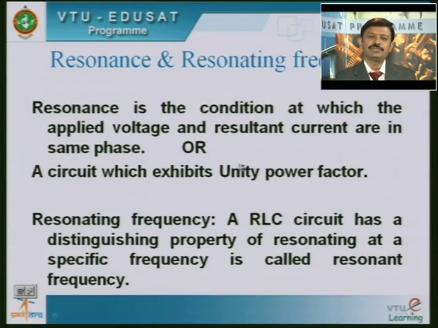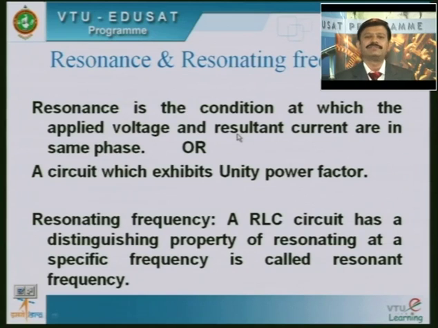In AC circuits, whenever the circuit behaves purely resistive, that means applied voltage and resultant current are in the same phase, then the phase difference will become 0, that is phi value will be 0. Then cos phi, the power factor, will become 1, because cos 0 is 1.